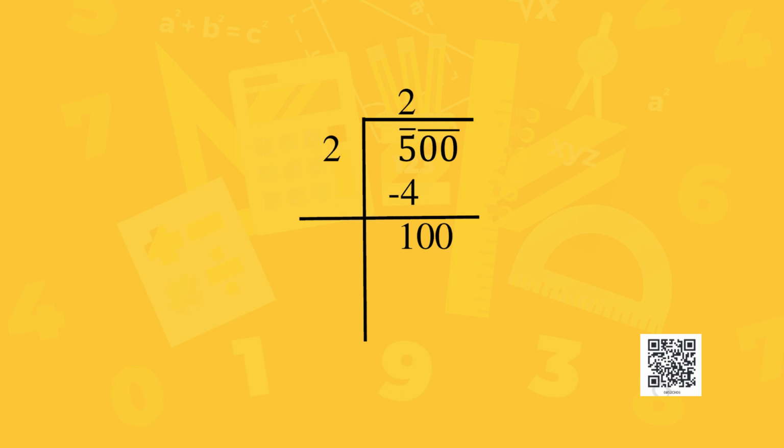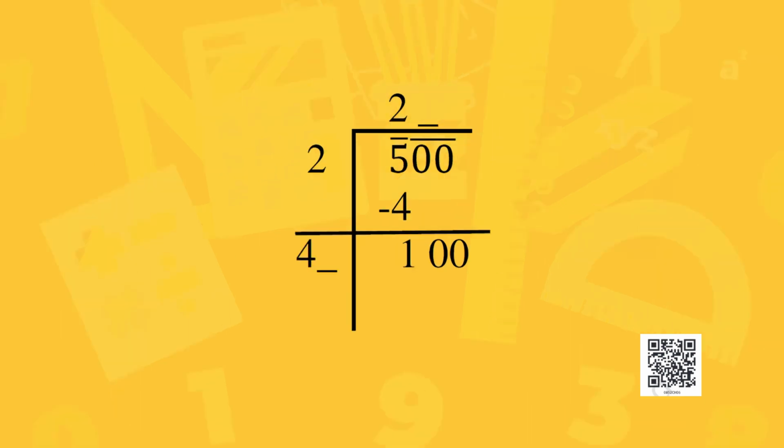Now we know that 2 square is less than 5, which is less than 3 square. So therefore we can write 2 in the divisor's place, thereby 2 times 2 will be equal to 4, and so the difference is 1. Now bring down the next pair of digits under the bar, and thereby the remainder becomes 100. Now we add the divisor 2, double the divisor, it will become 4, and put a blank to its right.